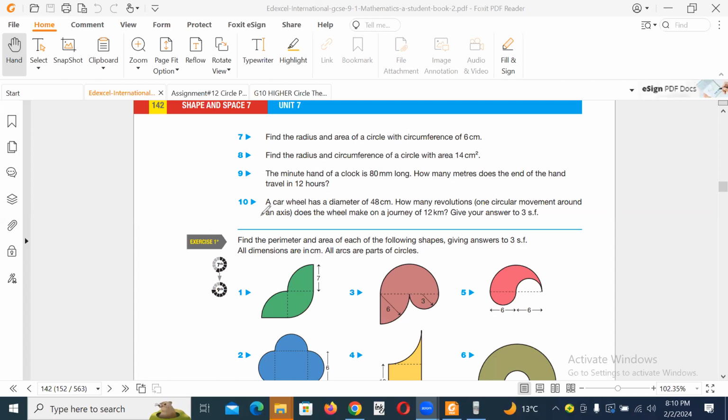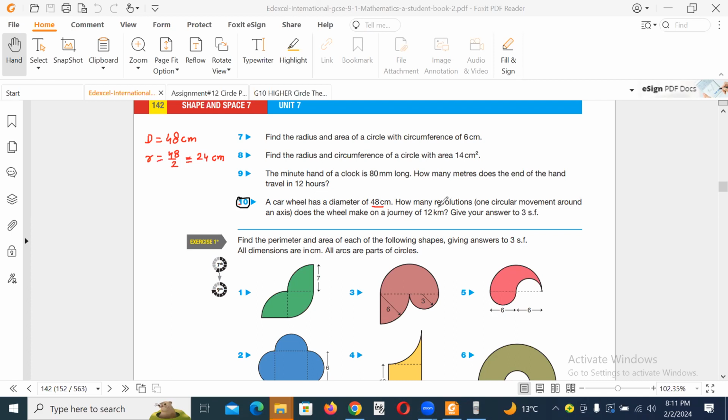So lastly, we will try question number 10. In this question number 10, we have a car wheel with a diameter of 48 centimeter. Remember, if the diameter is 48 centimeter, the radius is half, so 48 divided by 2 equals 24 centimeter.